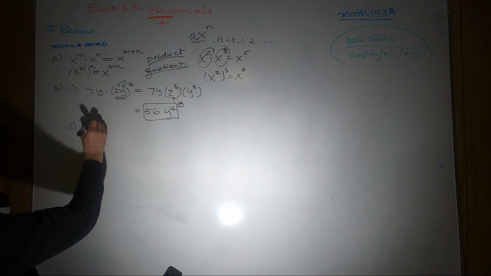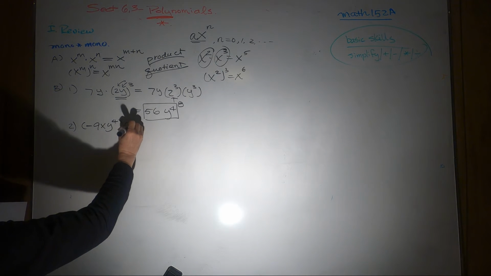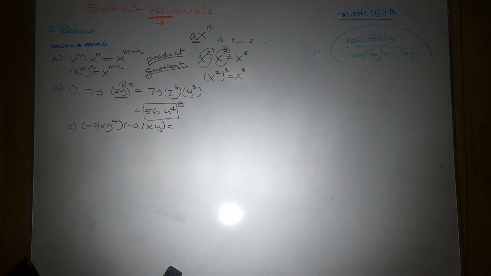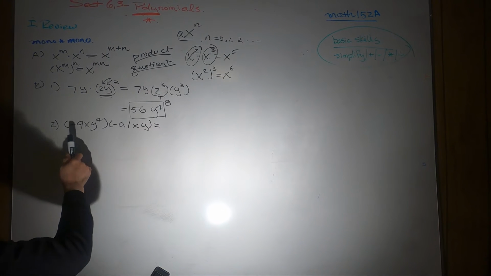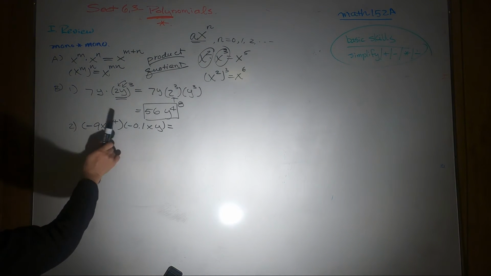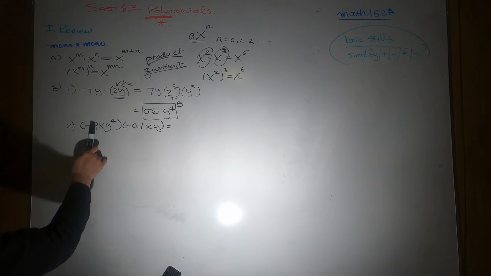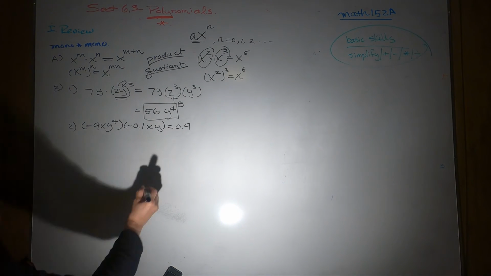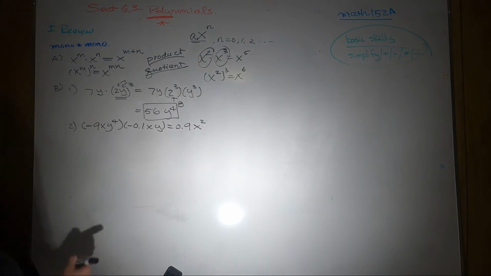Next one. 9xy to the fourth and negative 0.1 xy. So you handle powers with powers, the same variable with the same variable, and numbers with numbers. Negative times negative times negative is what? Positive. 9 times 0.1 is what? 0.9, right? Then how many x's do we have? 1 here, total 2.